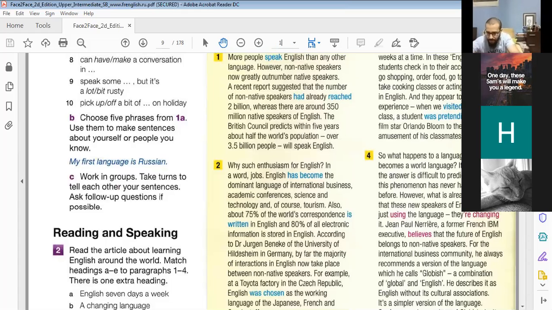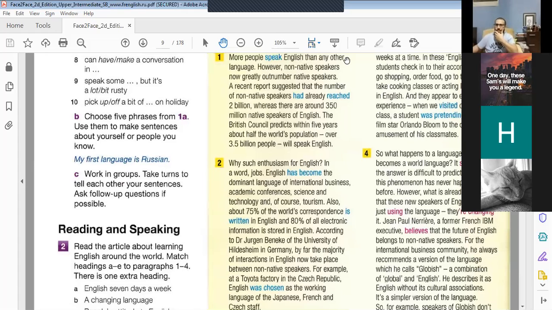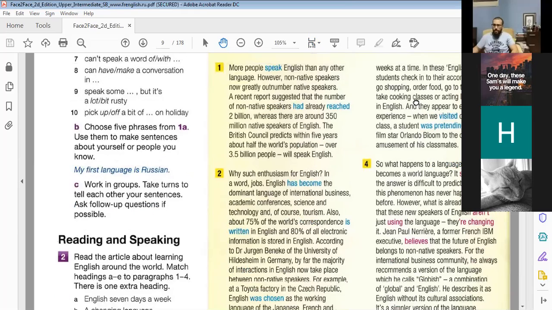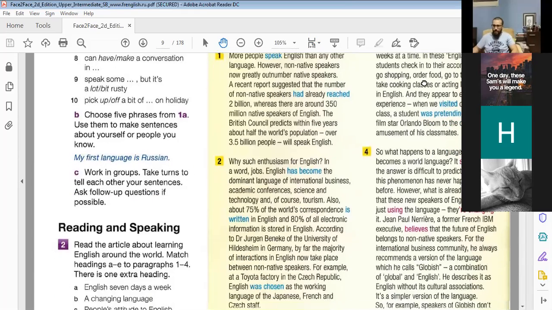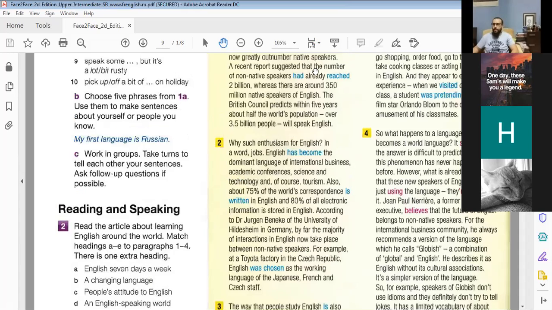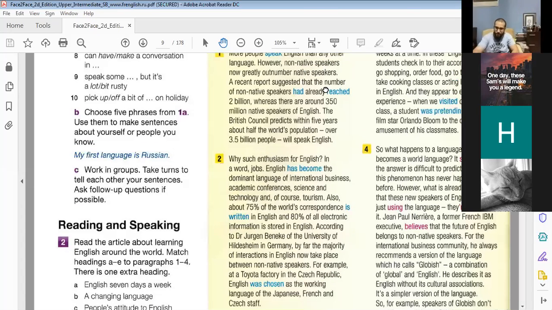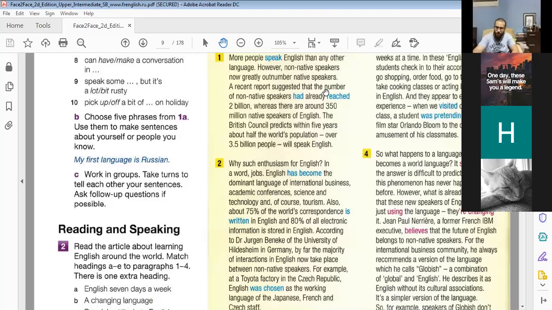Let me do that. Okay, so now the whole thing appears. Number 1 and 2, this is all of it. When you want to start number 3, just let me know. Number 3 is here at the bottom. When you finish number 2, please let me know. So you can start.